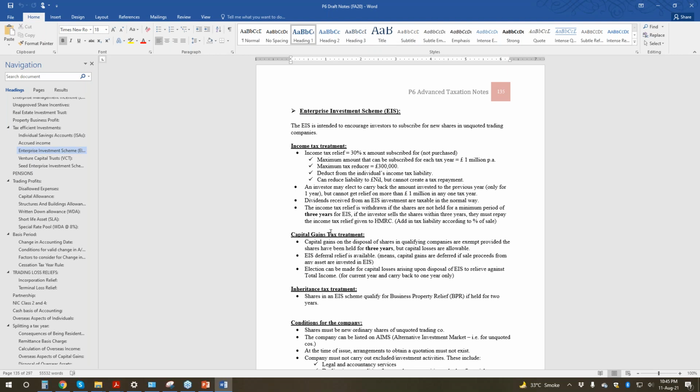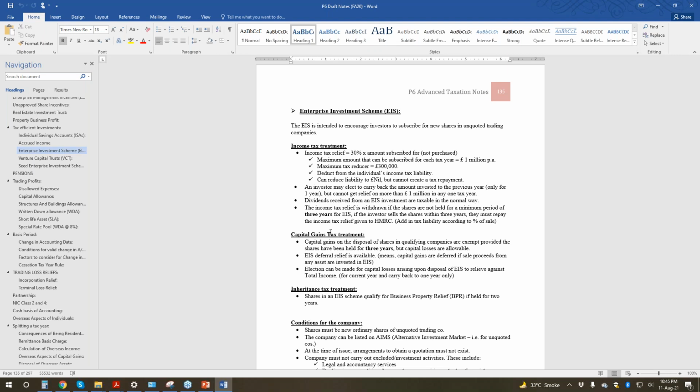So the government has come up with a solution: they have provided tax incentives, so that if investors invest in these companies, they will be provided with tax advantages. And what are the tax advantages?